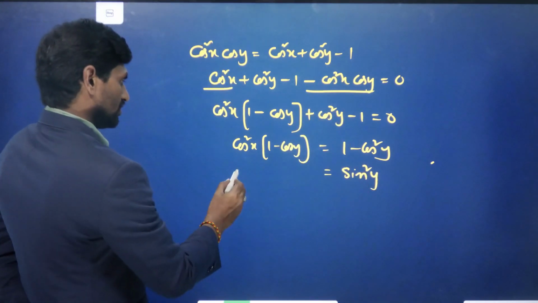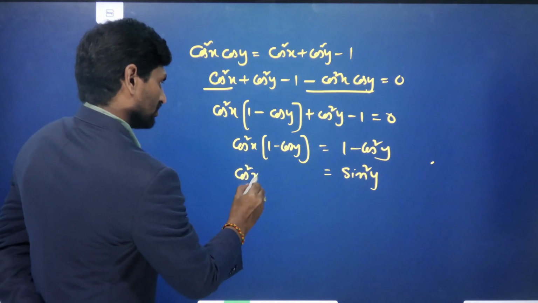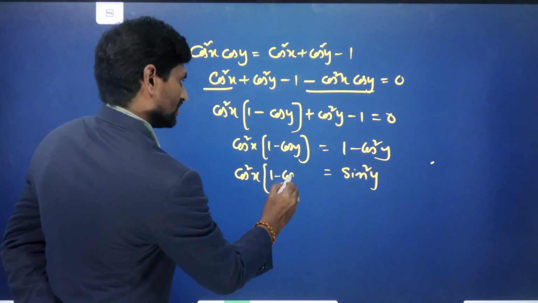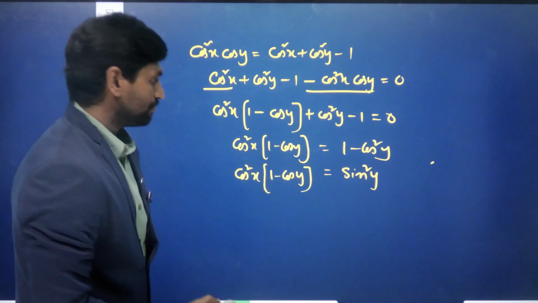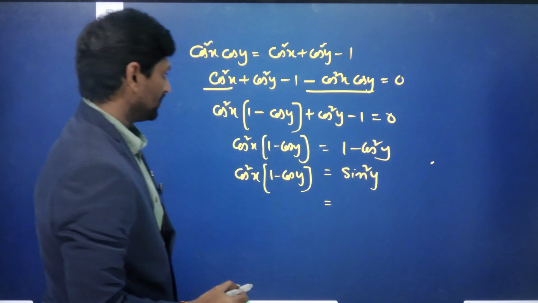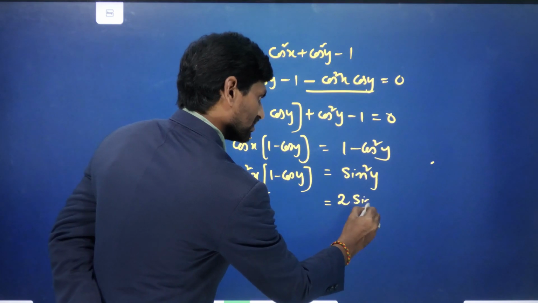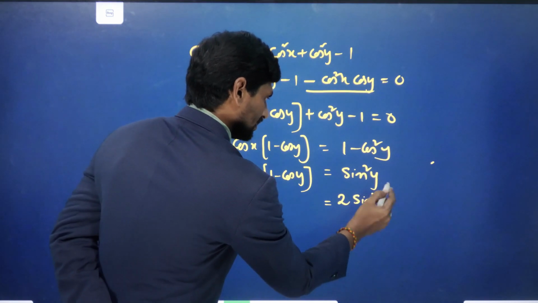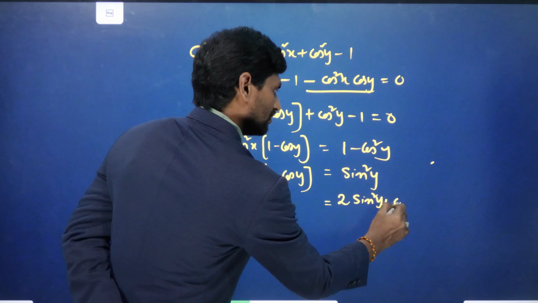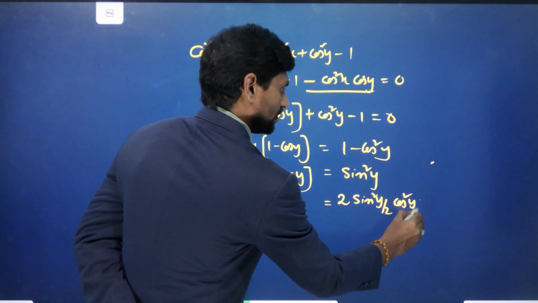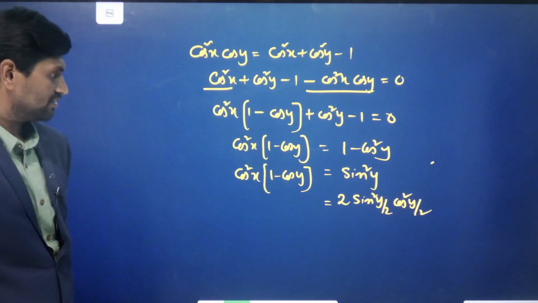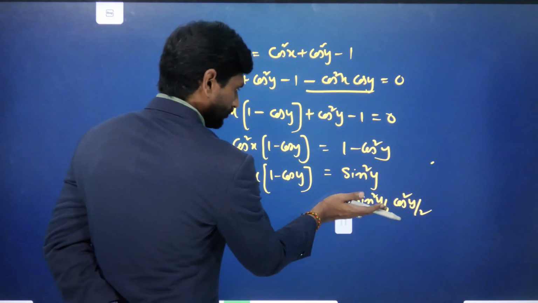So this one cos square x into 1 minus cos y. In the place of sin square y we can write 2 sin theta cos theta. So 2 sin y by 2 cos y by 2 we can write, squared. So this 2 also becomes 4.